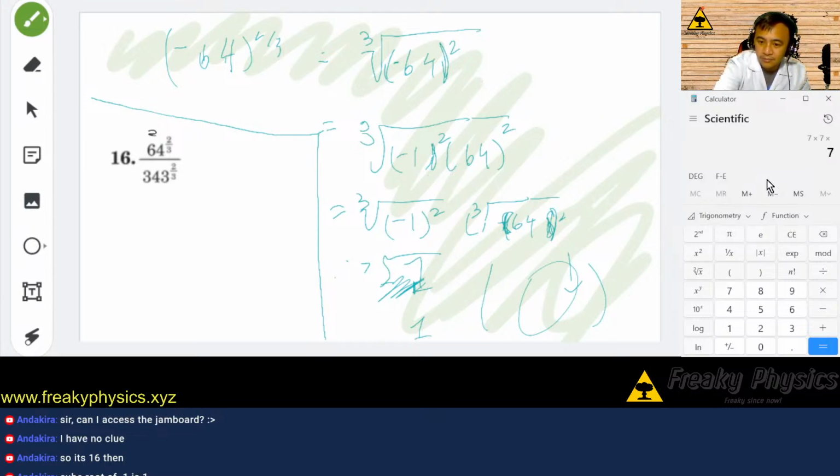Hold on, I'm going to rewrite this so it looks cleaner. These two cancel out, so this makes 49, and this makes 8, 3, or 2.